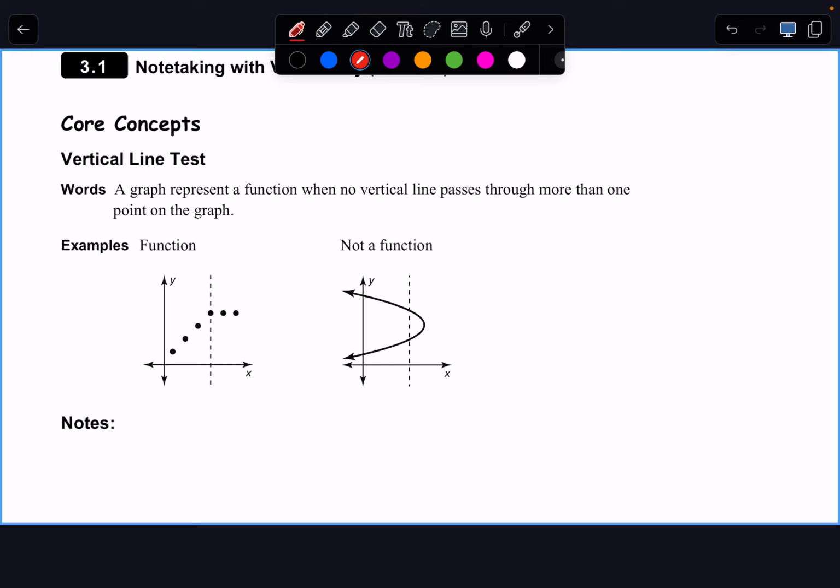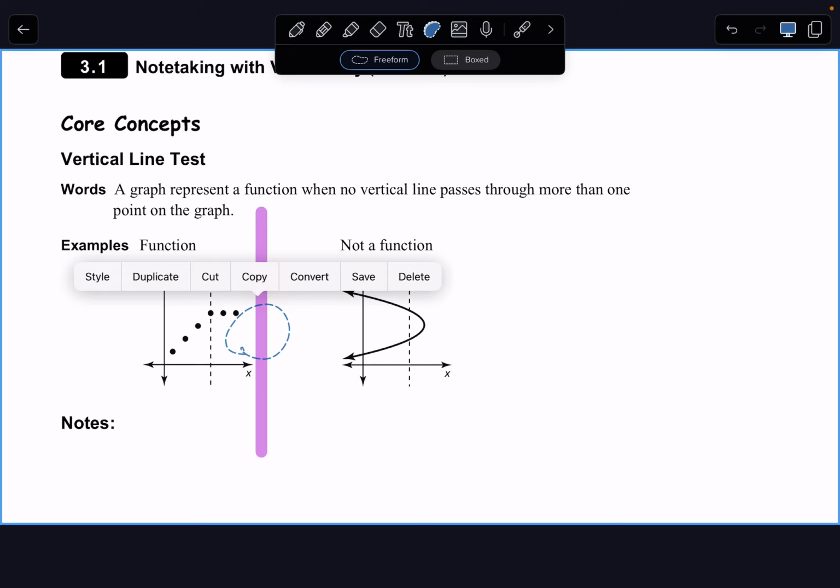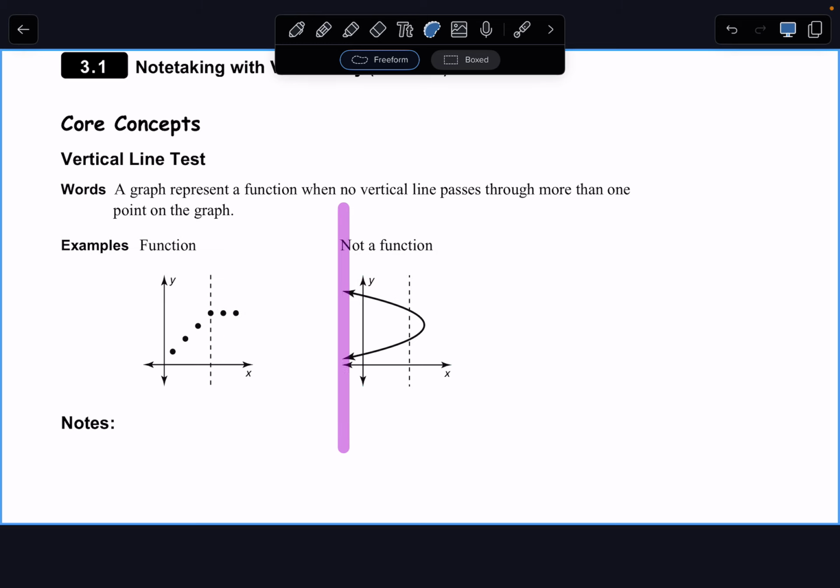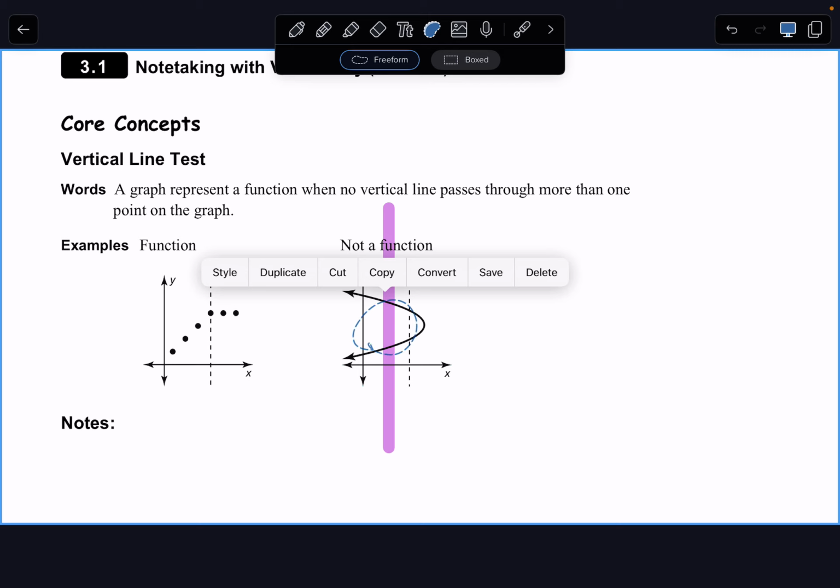If we can take a vertical line and move it through our function and it hits only once, we're good. But if we take that vertical line and we move it through, and even at one place, if it goes through more than one time, it fails the vertical line test and it's not a function. Okay.